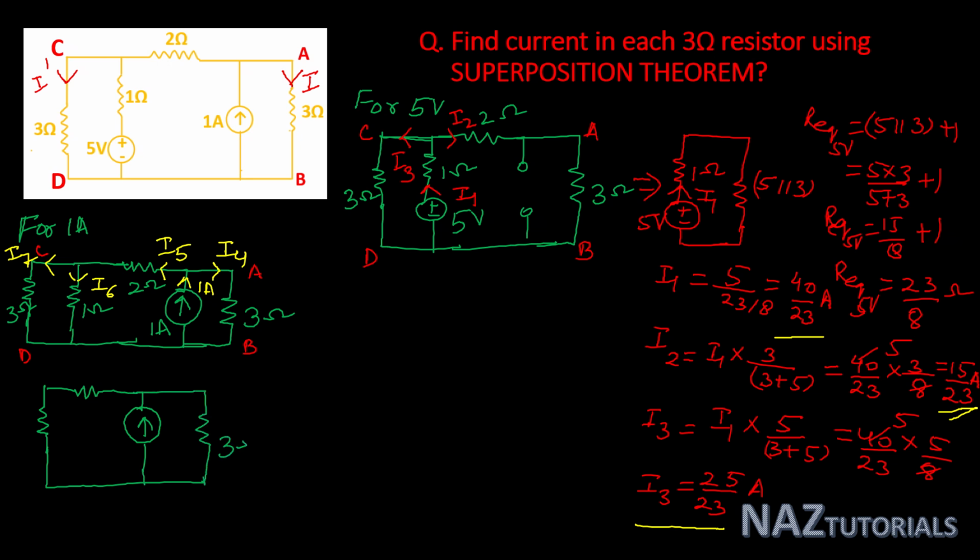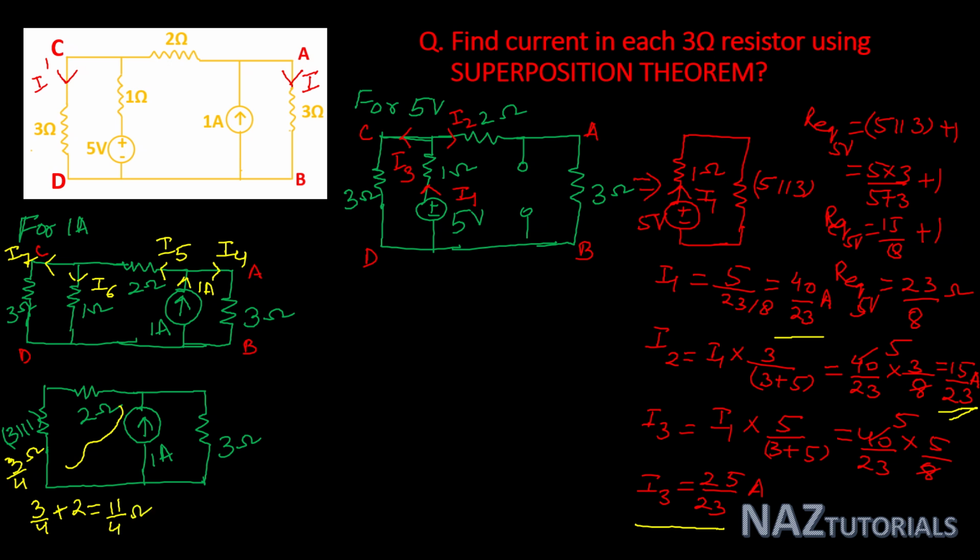This is 3 ohm. This is 1 ampere. 2 ohm. This is 3 and 1 in parallel. 3 in parallel with 1 ohm, that is total equivalent resistance, that is 3 by 4 ohm, and total equivalent is 3 by 4 plus 2, that is 11 by 4 ohm.